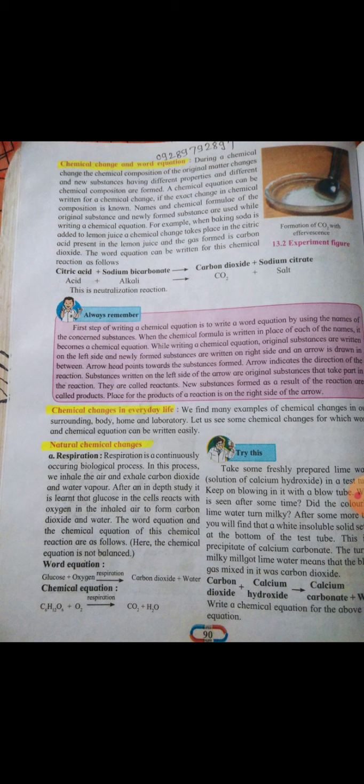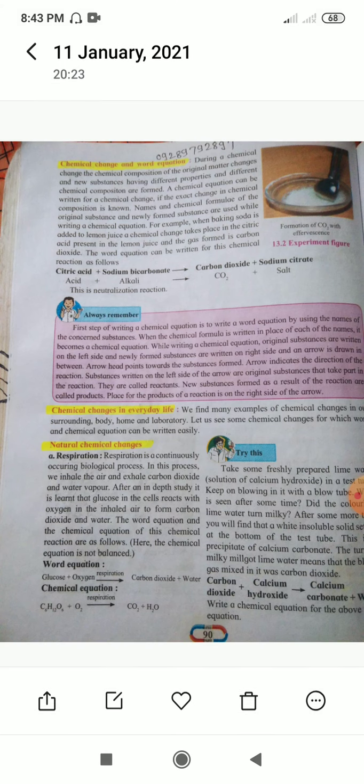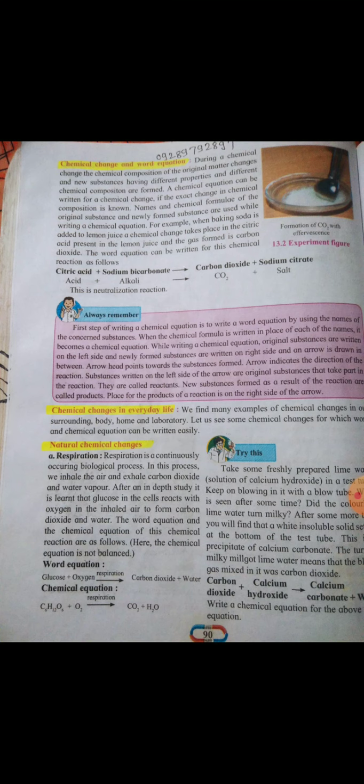Substances written on the left side of the arrow are original substances that take part in the reaction. They are called reactants. Means those substances we write on the left side of the arrow are called reactants, and new substances formed as a result of this reaction are called products.